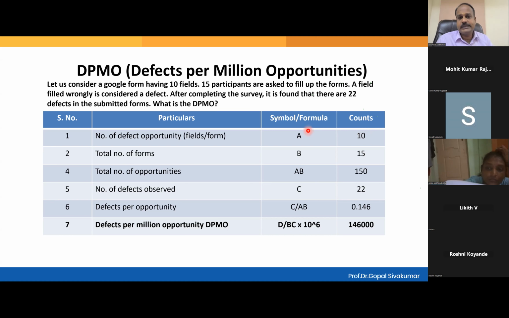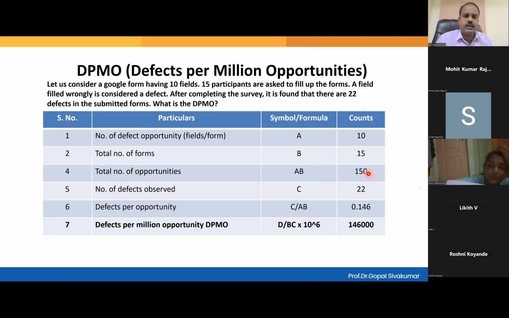So imagine 15 people participate in the survey. So what will be the total opportunity? 150. Now the survey is completed. Now you are verifying the details. Now 22 details are submitted incorrectly. Now, what is defect per opportunity?